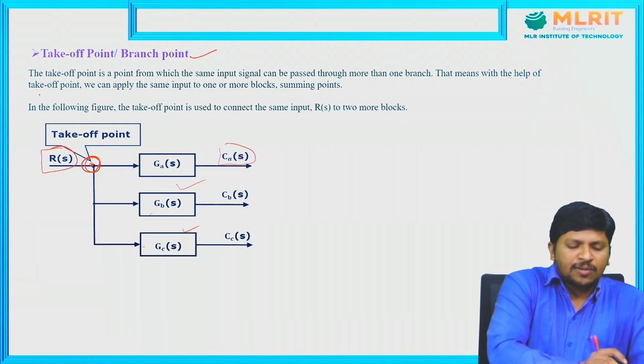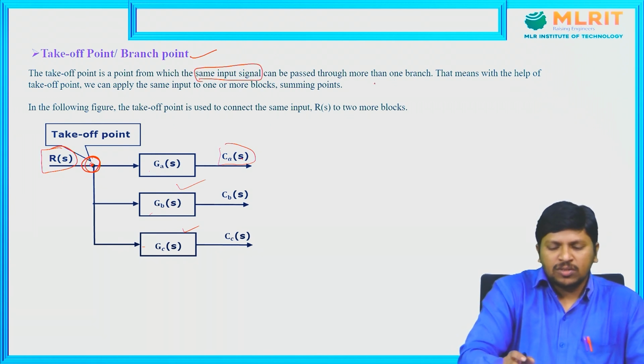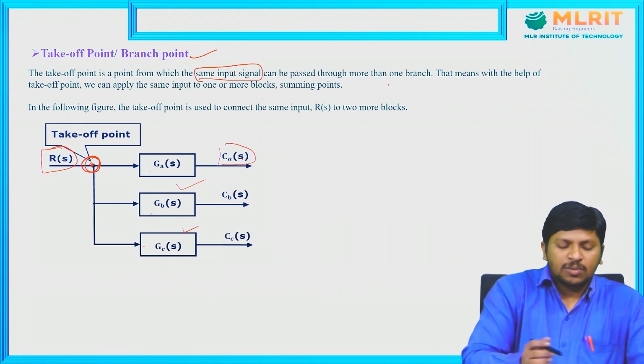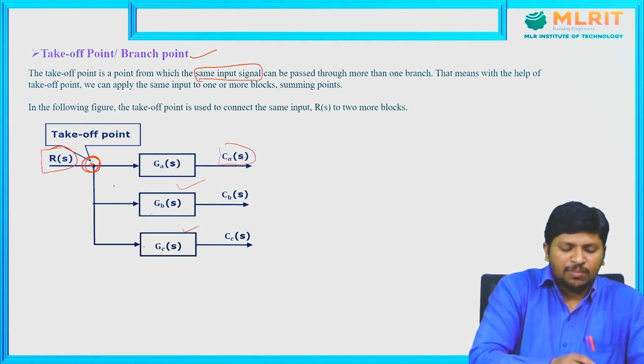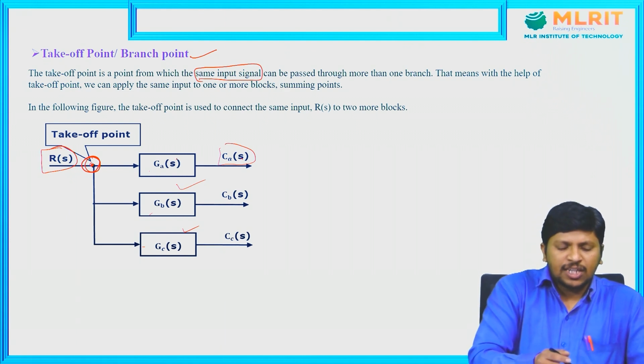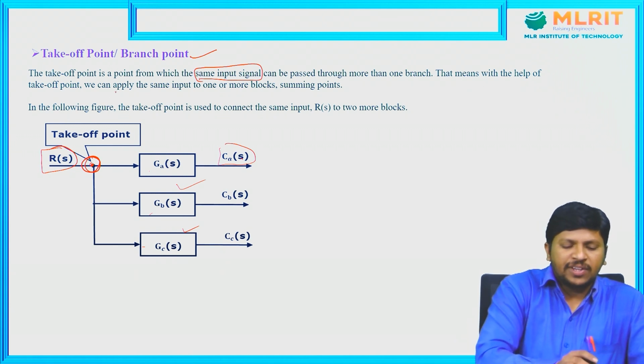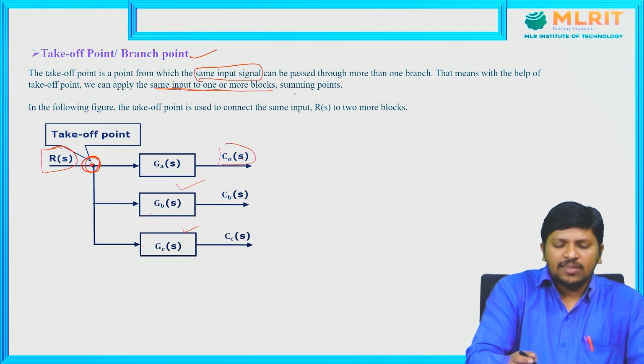Just observe, the take up point is a point from which the same input signal can be passed through more than one branch. This is one branch, second branch, third branch, like that. The branches give the signal to summing points or blocks. That means with the help of the take up point, we can apply the same input to one or more blocks or summing points.